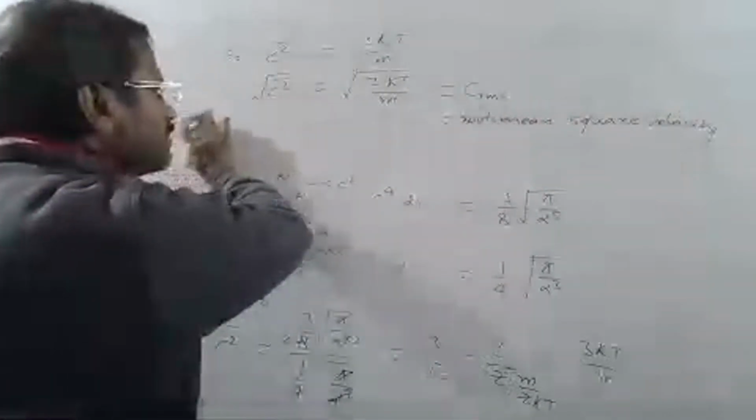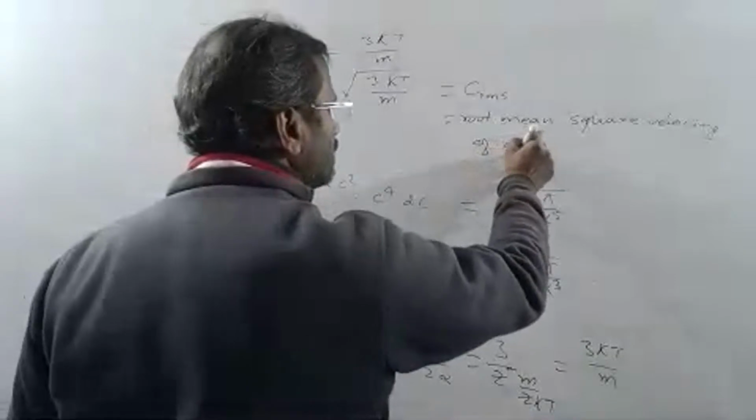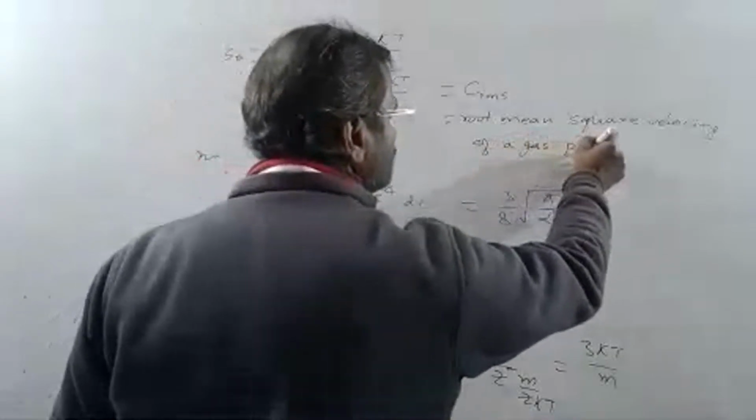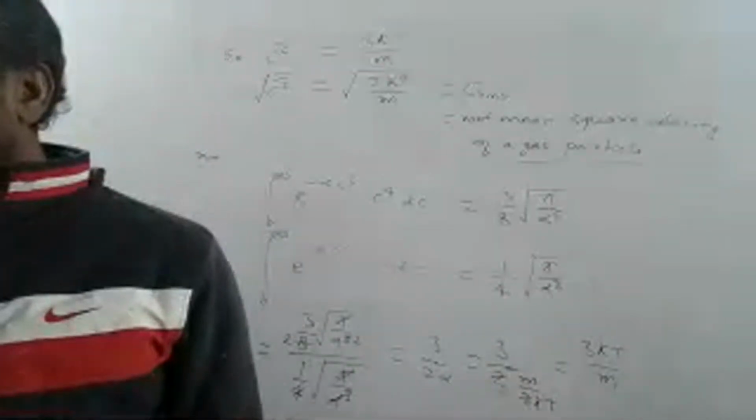This is the root mean square velocity of a gas particle. By this way, we can calculate the root mean square velocity of a gas particle.